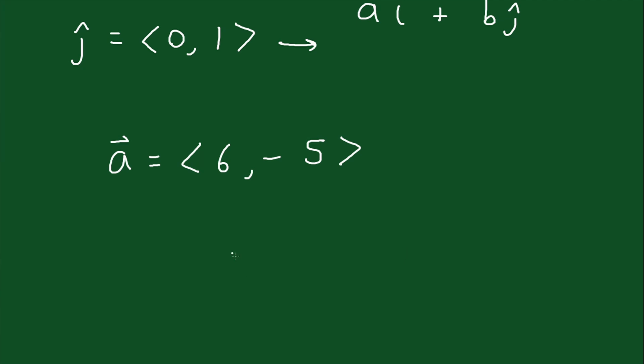Well, if it has the same direction as vector A, then if we're visualizing what this looks like, let's make a little sketch of our xy axes. Vector A probably looks something like this, where we go 6 to the right and down by 5, down to negative 5. That's our vector A. Our unit vector, however, that has the same direction isn't going to have the same length.